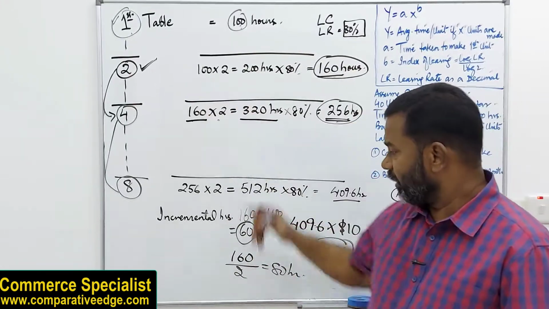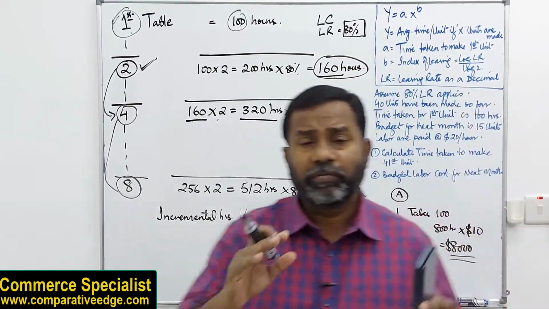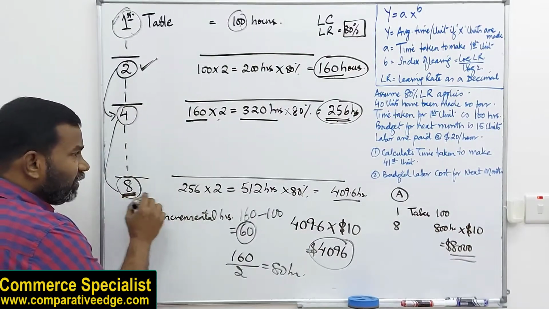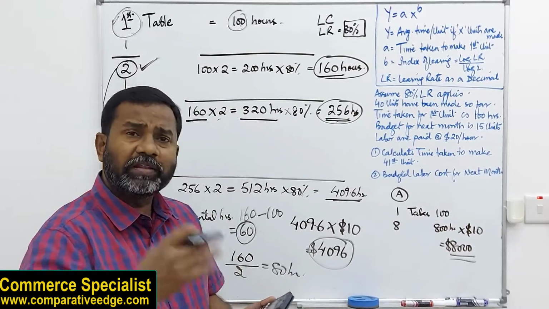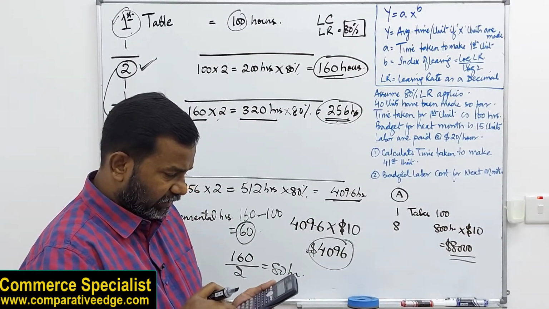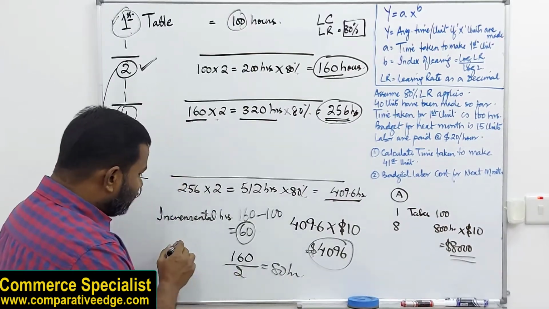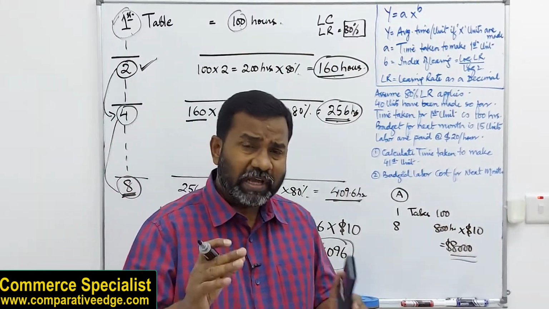If two tables are made, 80 hours. And you'll be surprised to see here, the total time to make 8 tables is 409.6 hours. If I look at the average, 409.6 divided by 8, it's just 51.2 hours. So what is happening?